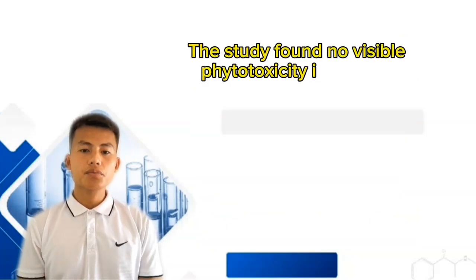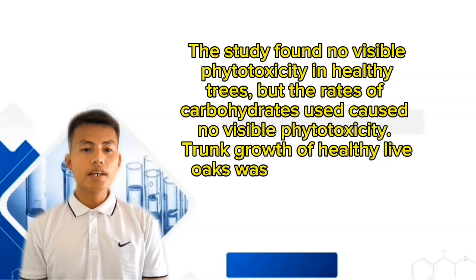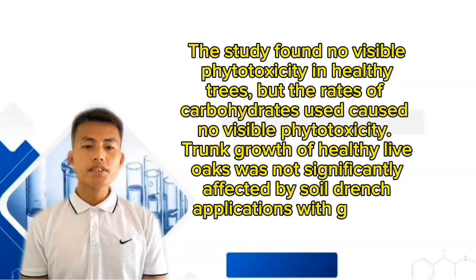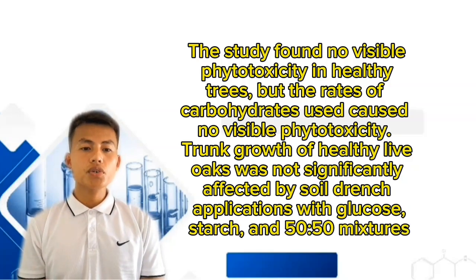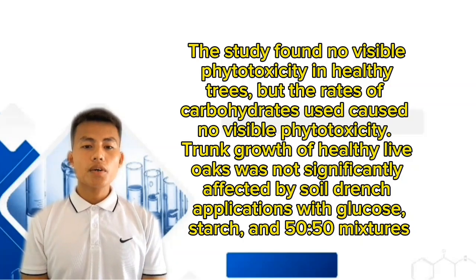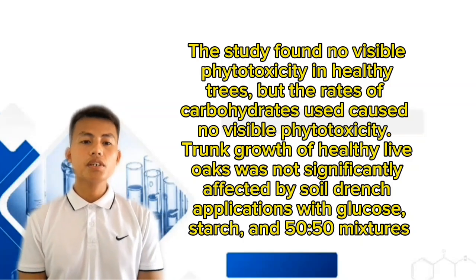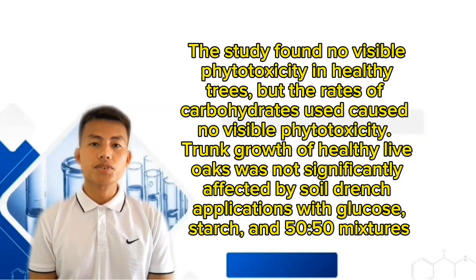The study found no visible phytotoxicity in healthy trees, as the rates of carbohydrate use caused no significant visible phytotoxicity. Trunk growth of healthy live oaks was not significantly affected by soil drench application of glucose, starch, and a 50-50 mixture.